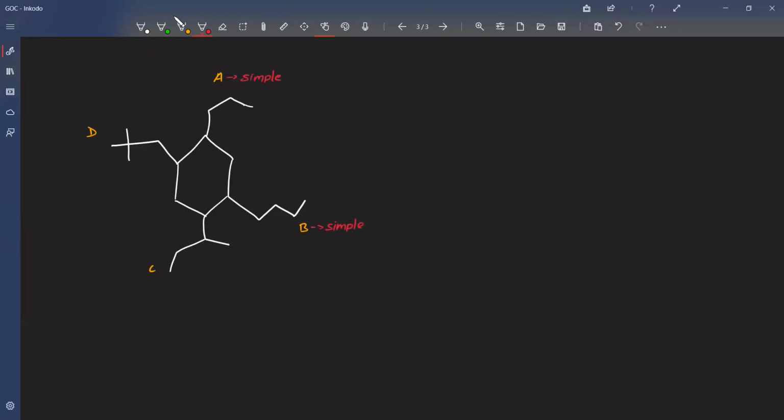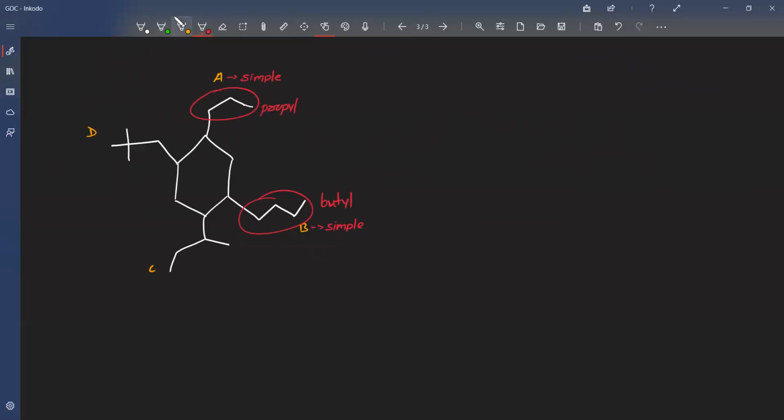And the others are complex. Okay, now name this group and this group, the simple groups. A is ethyl, no, propyl, and B is one, two, three, four, butyl. Correct. Okay, so the simple ones are over.